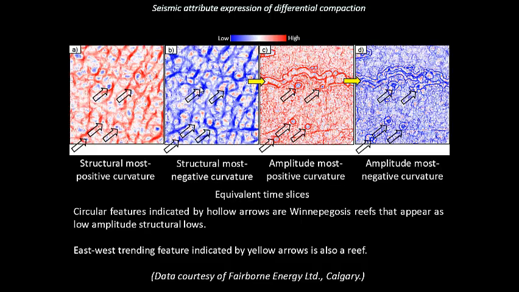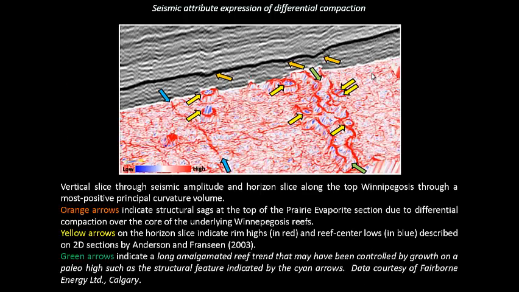So if we see such accurate and distinct features on the amplitude curvature, both positive and negative, the next thing to do is to confirm them with the seismic signature. And so here is a chair display which does indicate the definition that we expect to see for both the positive and the negative curvature, and that is what we see on this display.